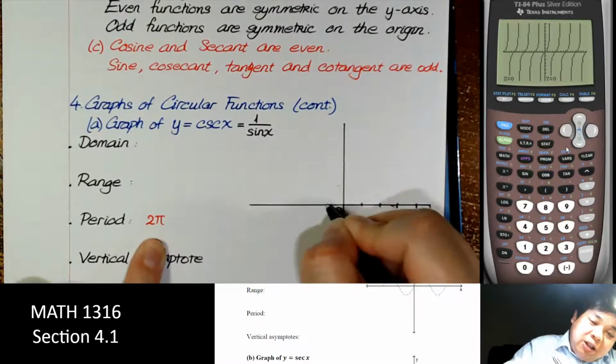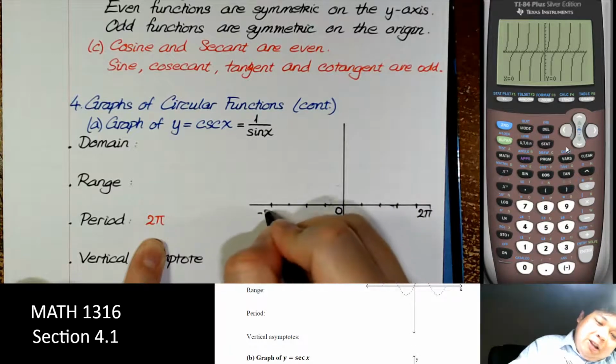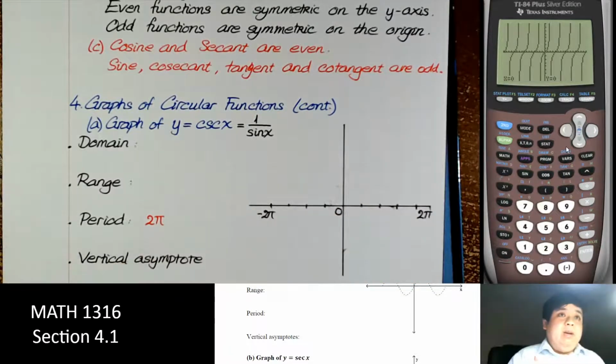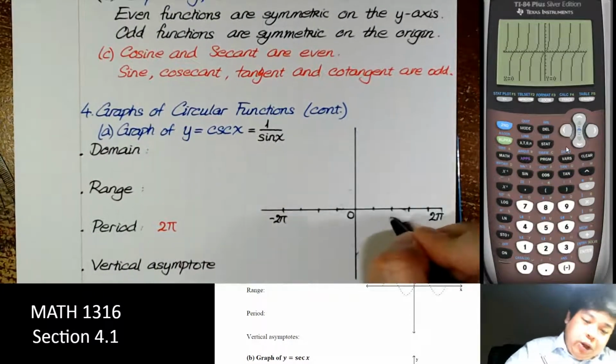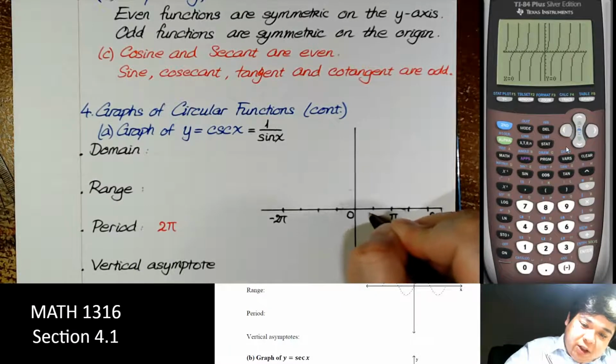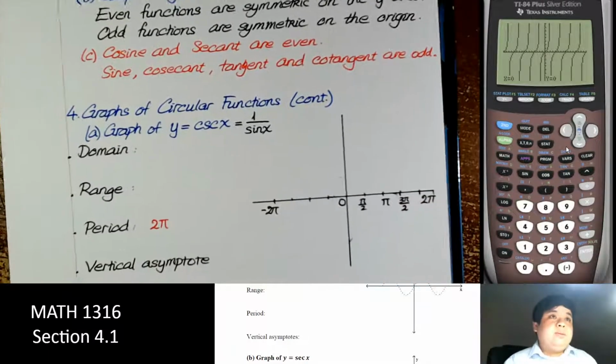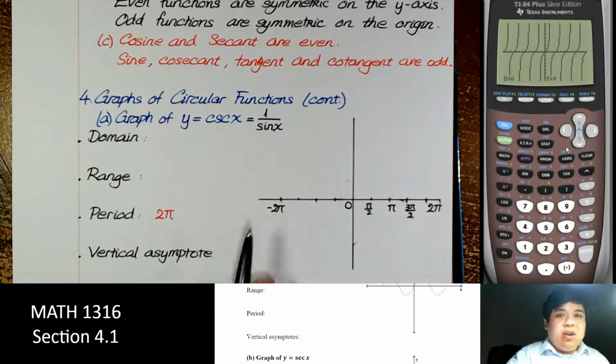We do this a lot, on almost all the graphs. Start with the period and then cut that into 4 equal segments, to which we have pi over 2 and 3 pi over 2. Everything will be on the other side as well.